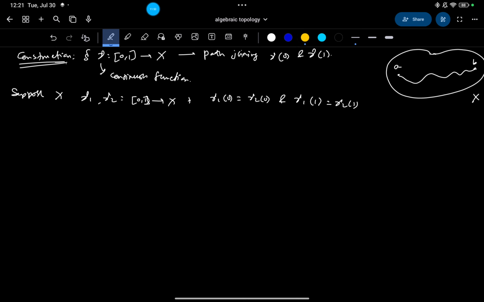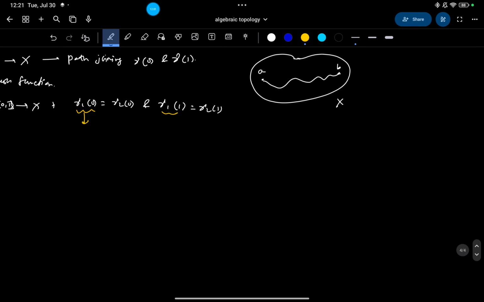Note that if you have any path from a to b, then a is said to be the initial point, b is said to be the final point.